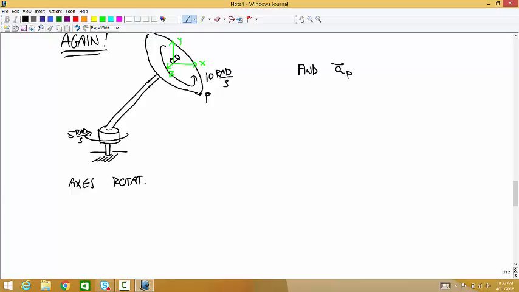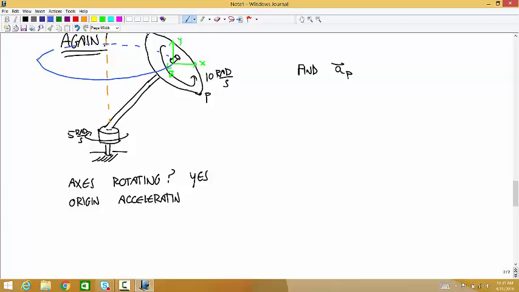Yes, obviously. Now we have a different answer for this one, though. Is the origin accelerating? Yes, because it's moving around in a circular path like that. So the origin of the coordinate system is in circular motion around that orange axis.